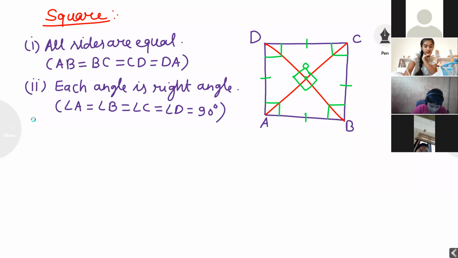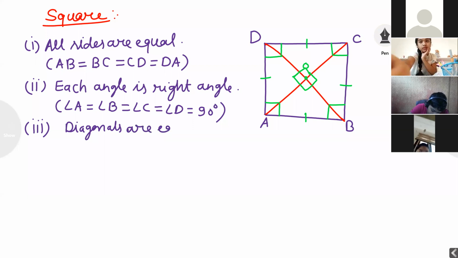Third property, diagonals are equal. What is diagonal here? AC and BD. AC is equal to BD.